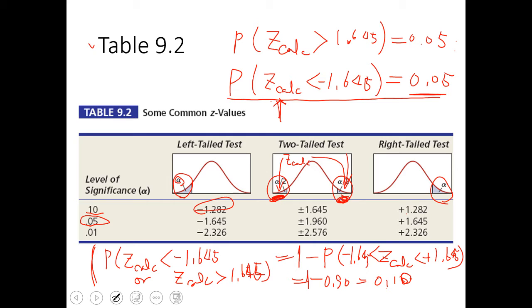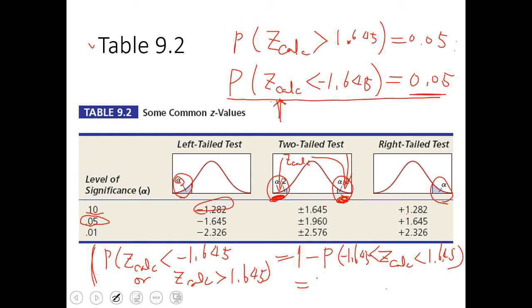And the probability that our test statistic is less than minus 1.645 or greater than 1.645 is 1 minus the probability that the z statistic is between minus 1.645 and plus 1.645.